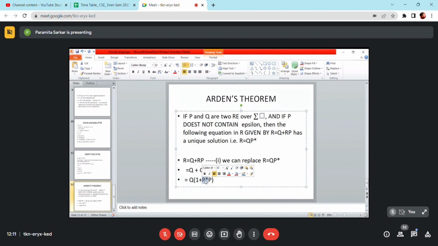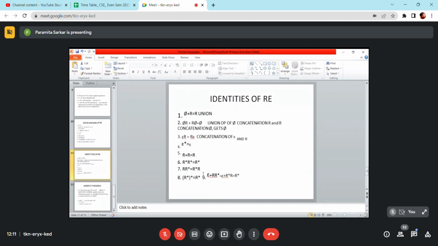If you see P as R, a regular expression, see in this identity, epsilon plus R star R equals R star. That is nothing but R star.